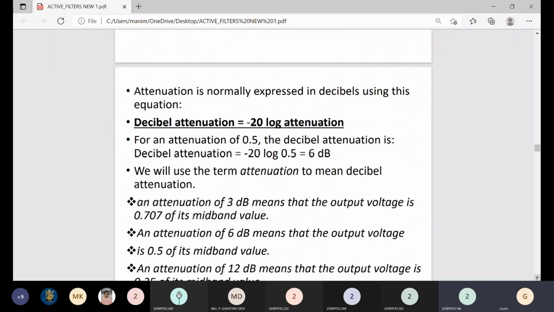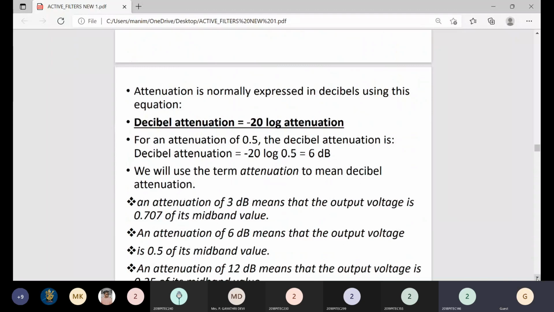Okay. Right? So only the amplification. So here we should know the ideal operational amplifier characteristics.